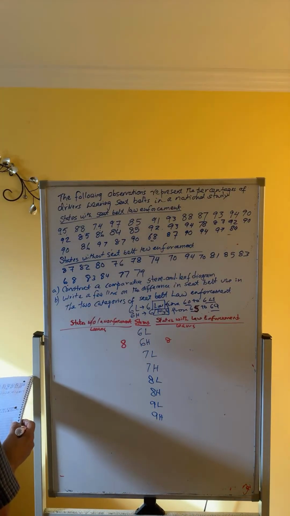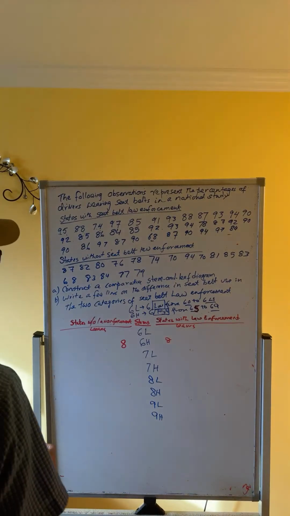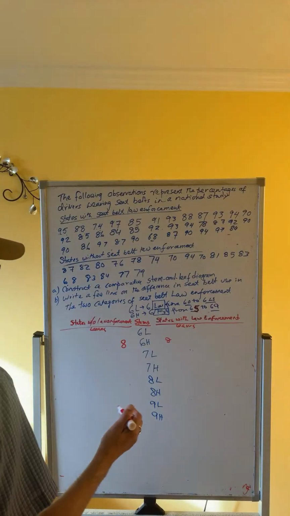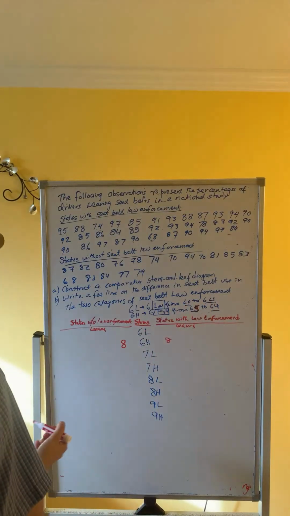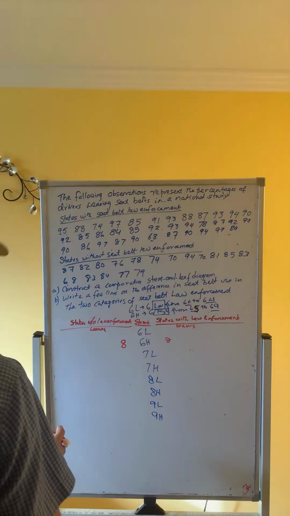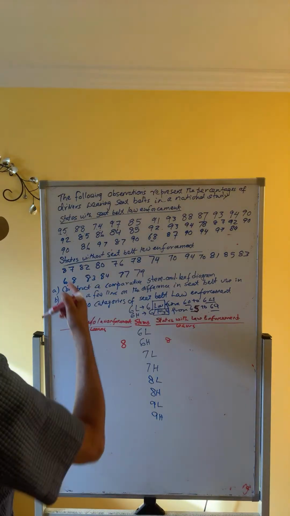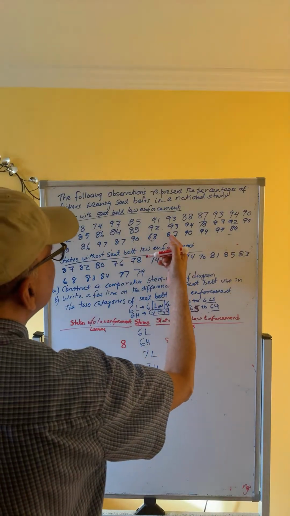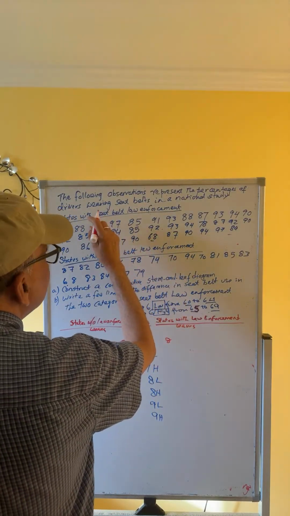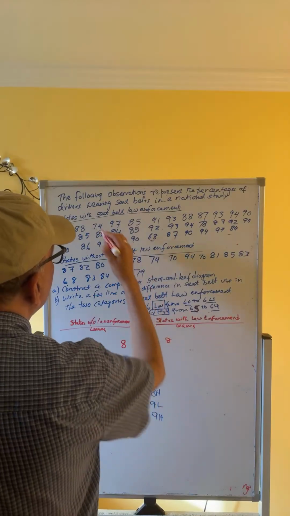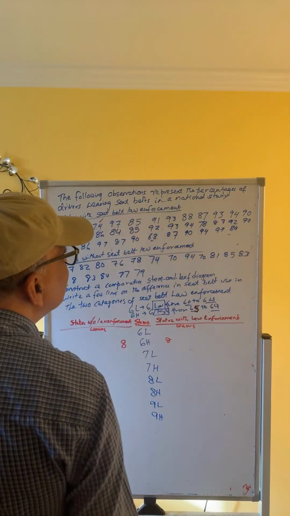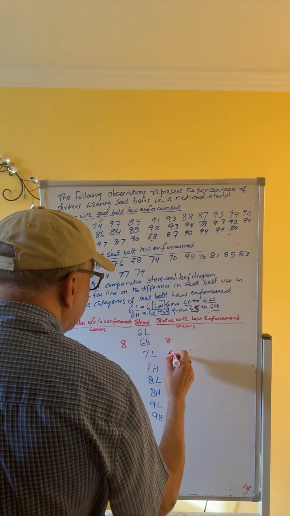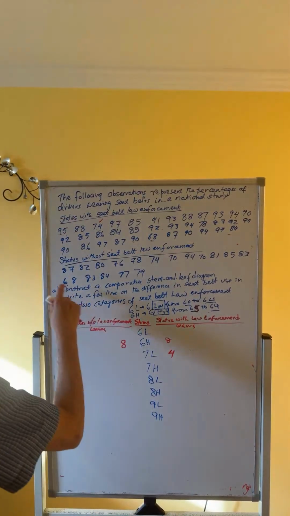Next, 7 low. Okay, 7 and low. That means from 70 to 74. I look up here. Is there any 70 between 0 and 4? There is a 74 here. No other low 70, so it's a 4 here. How about this one?